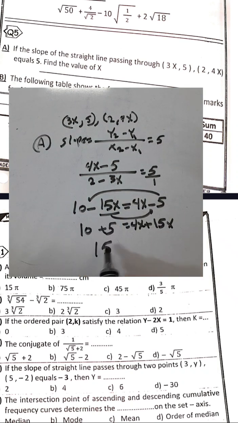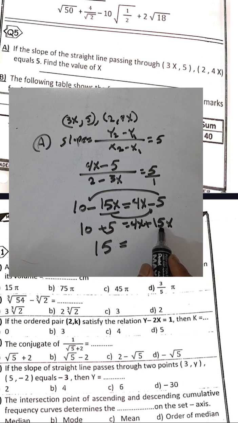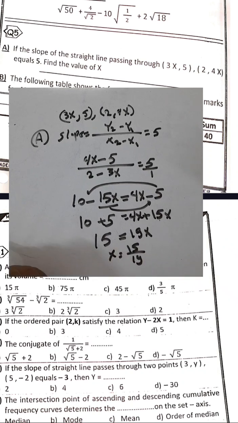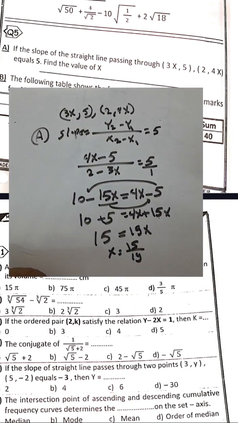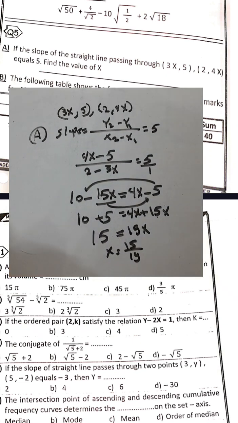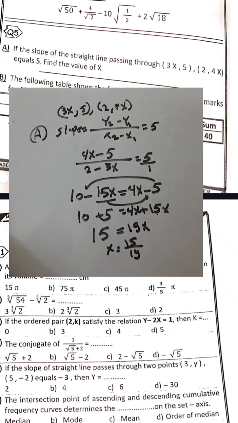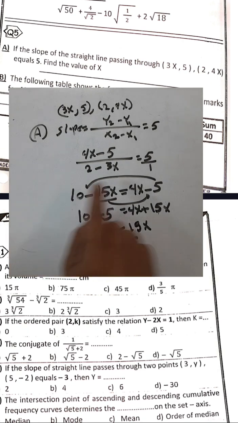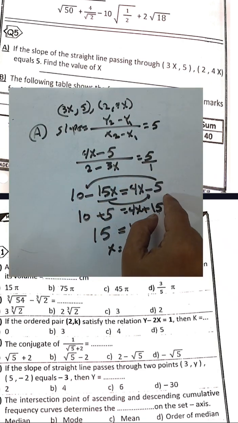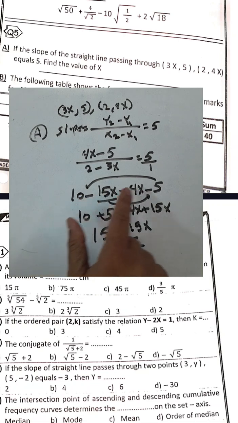The result will be 15 equals 15 plus 4, 19x. Then x will be 15 over 19. Okay, understood. This is the value of x.